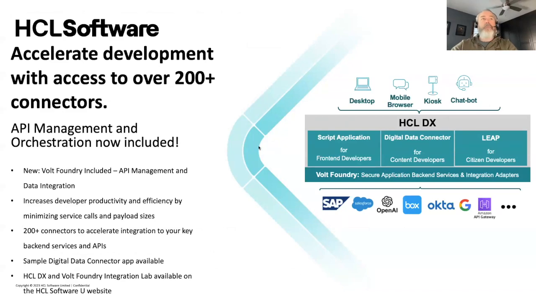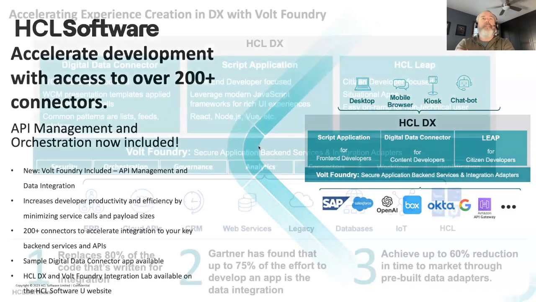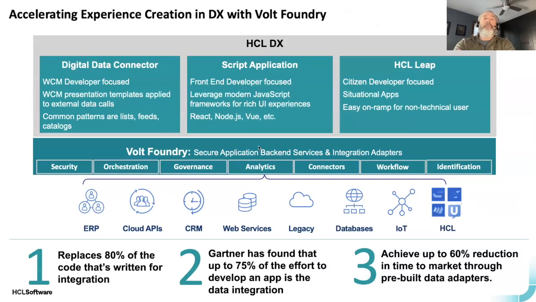I've got one more slide on this just to drill down. If you think about what Volt Foundry adds to the bag around DX, there are a lot of things when you're doing integrations to backend systems that Foundry does a really great job of accelerating, standardizing, and making easier to build out. You've got to think about security.